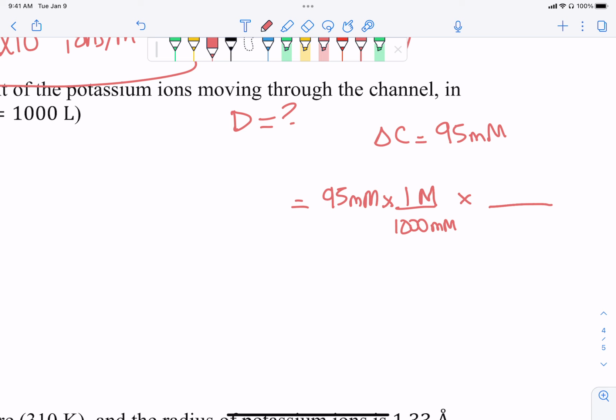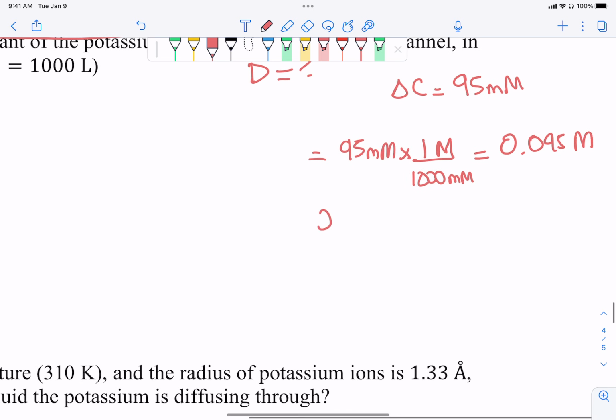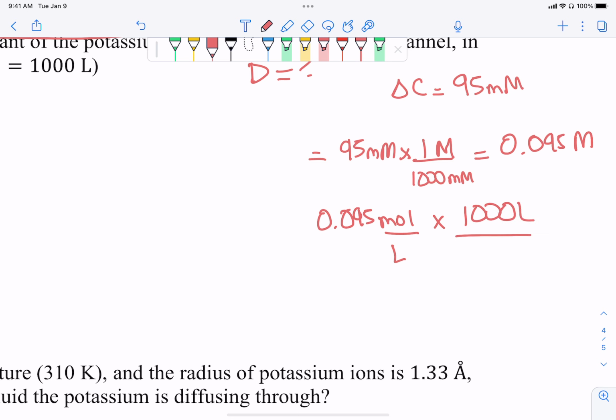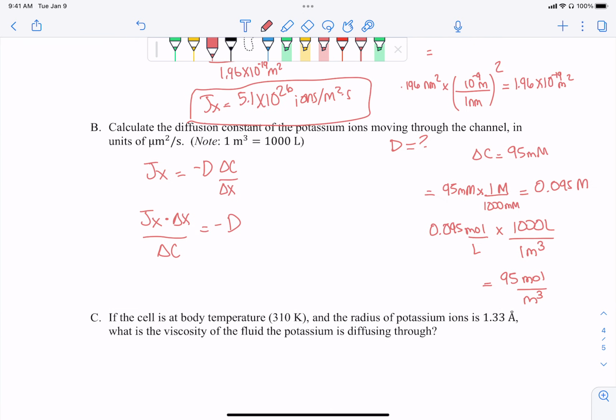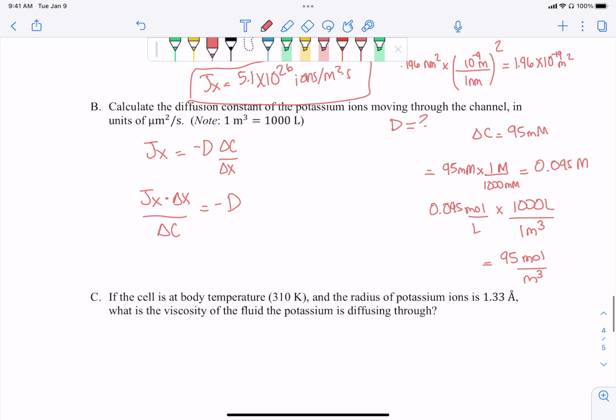So let me do this in two pieces. First we'll convert to moles, so that'll give us 0.095 molar, which is moles per liter. And then we can convert to meters cubed, because we know 1,000 liters is 1 meter cubed. So that should be equal to 95 moles per meter cubed, so we have our SI units for our delta C.